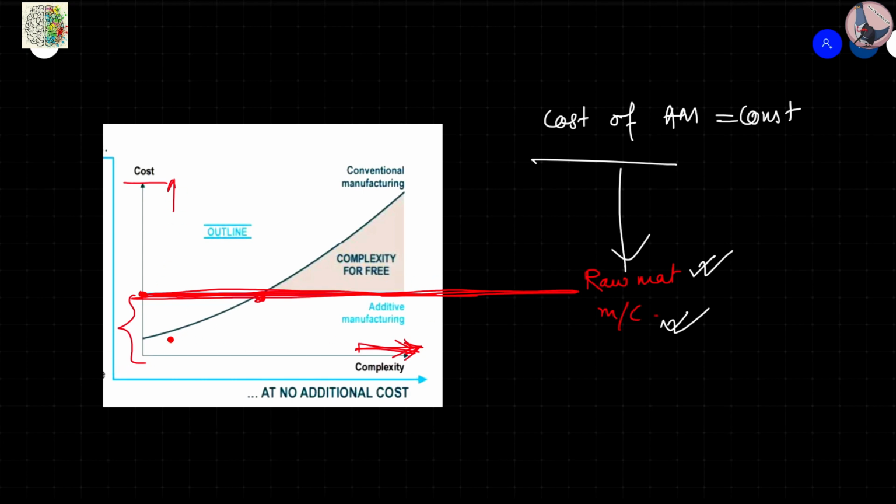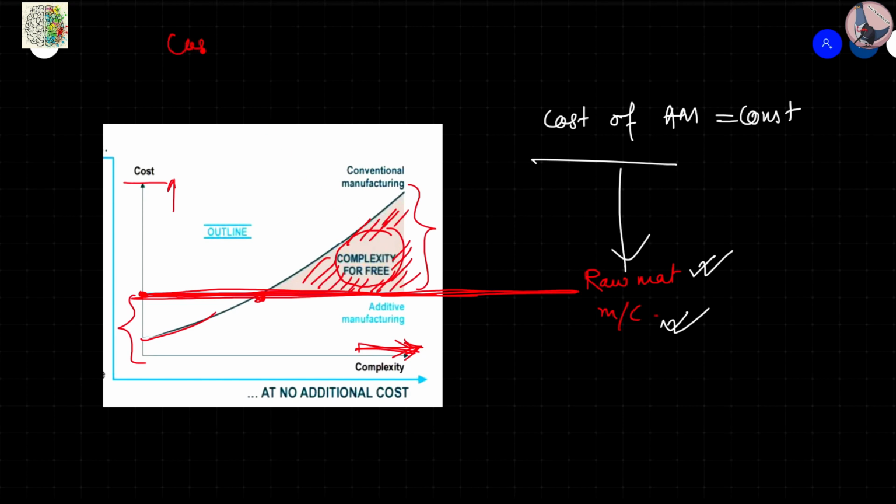Whereas in subtractive manufacturing, the costs keep on increasing. You can see very well how the cost is increasing. Suppose you have an object with too much complexity; the money you spend in subtractive manufacturing, you will not have to spend in additive manufacturing. That's why it is called complexity for free.